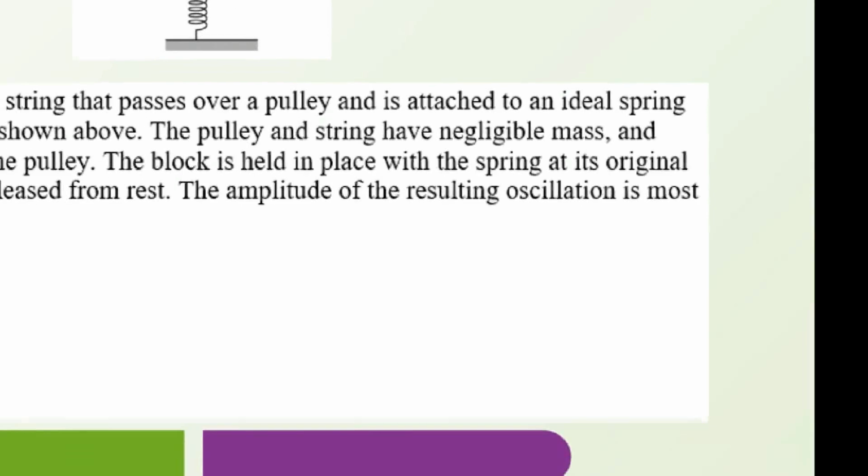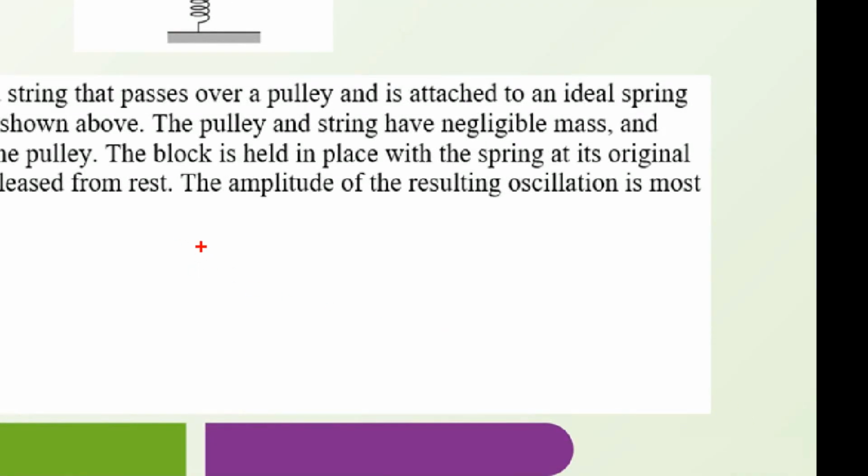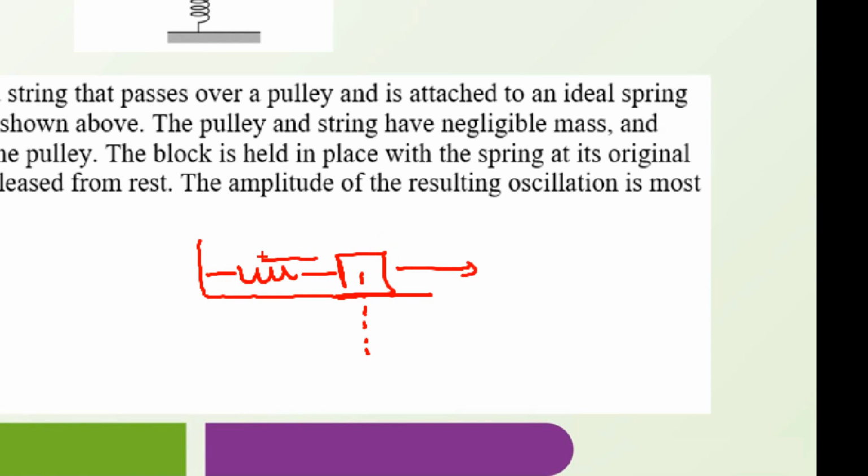Now, what is meant by the amplitude? Let me explain it here. Suppose we have a block with a spring that forms a horizontal oscillator. So this is the equilibrium position. Now, after the block has been set into oscillations, the block will oscillate left and right between two extreme positions.